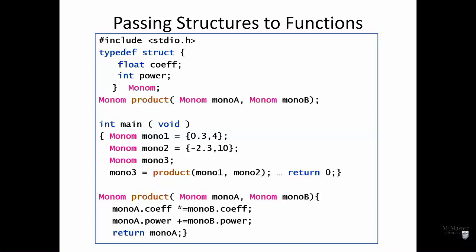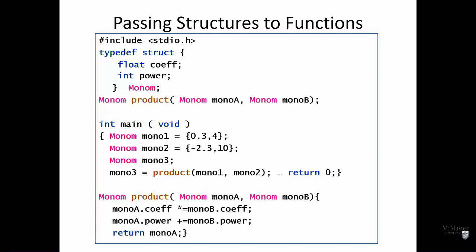Yeah? Yeah, but I'm taking them as an input, so you don't need to initialize, right? Yeah? Yeah, I'm rewriting mono A, which at the end is mono 1. So that means I'm changing mono 1, right? Yeah?